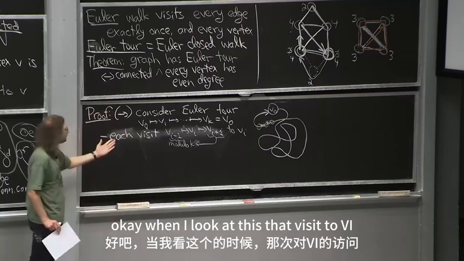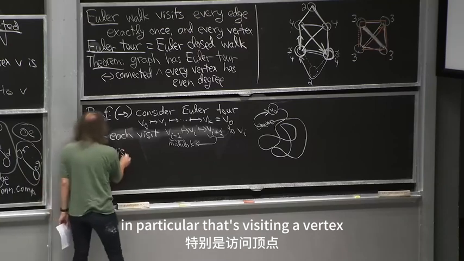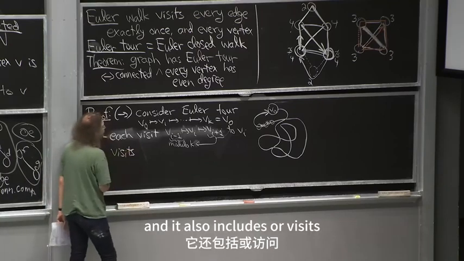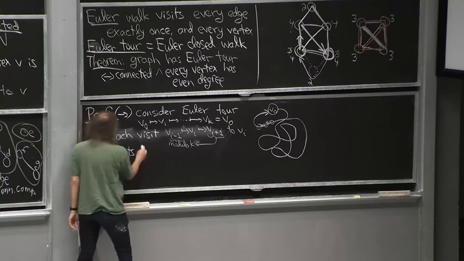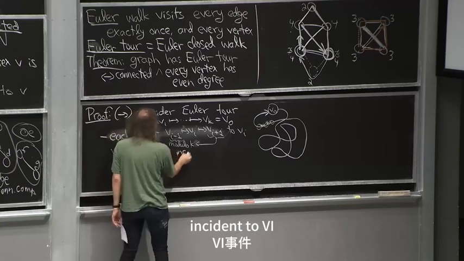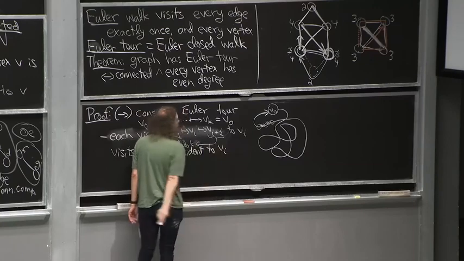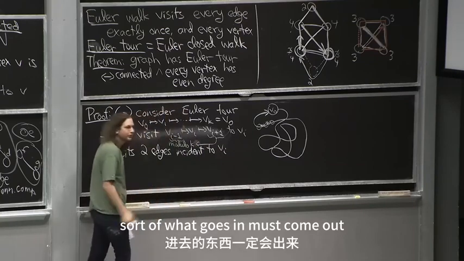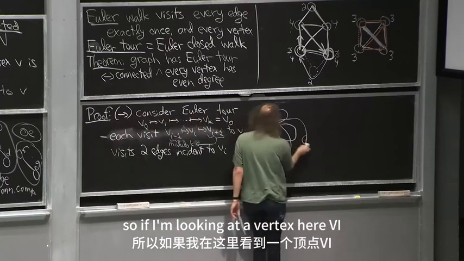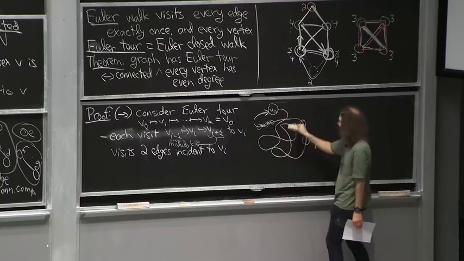Okay? When I look at this, that visit to vi, in particular, that's visiting a vertex, and it also visits 2 edges incident to vi. Sort of what goes in must come out. So if I'm looking at a vertex here, vi, this is the previous one.